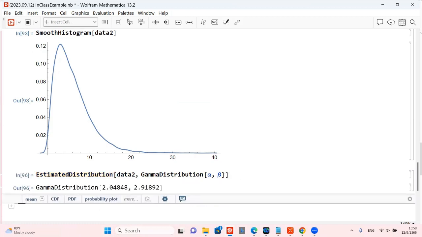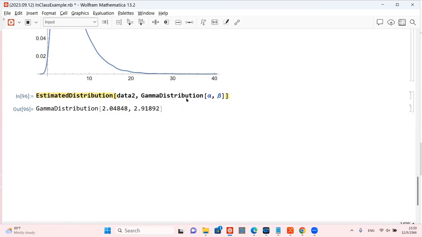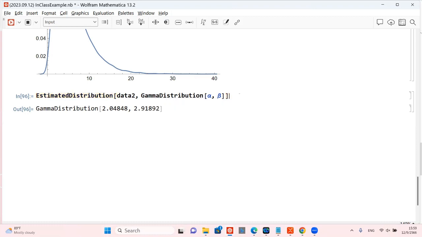I get this. Okay, see that? Again, this is one of those things that would take 25 lines to do in Python or R. Just estimate the distribution of this data based on the assumption that it's gamma. I don't have to use that squiggly sign because it's data.